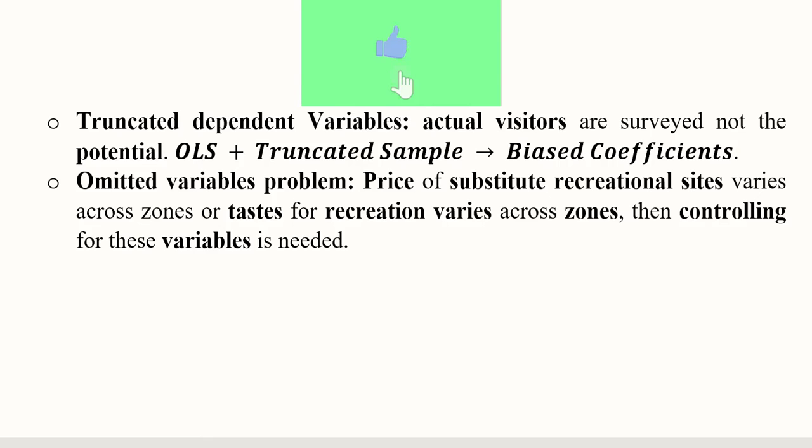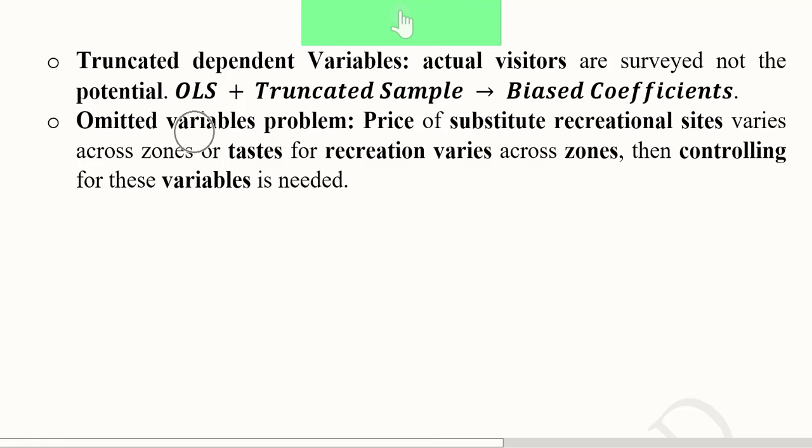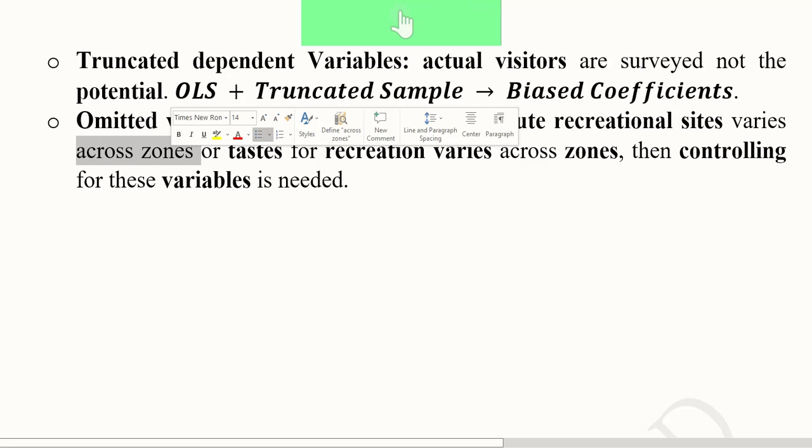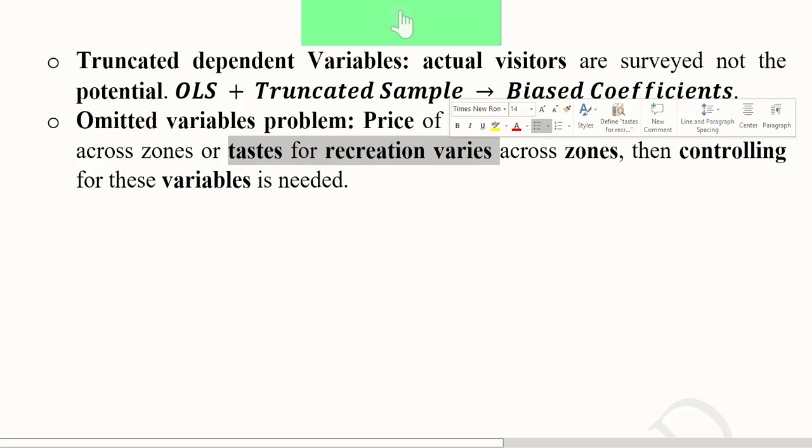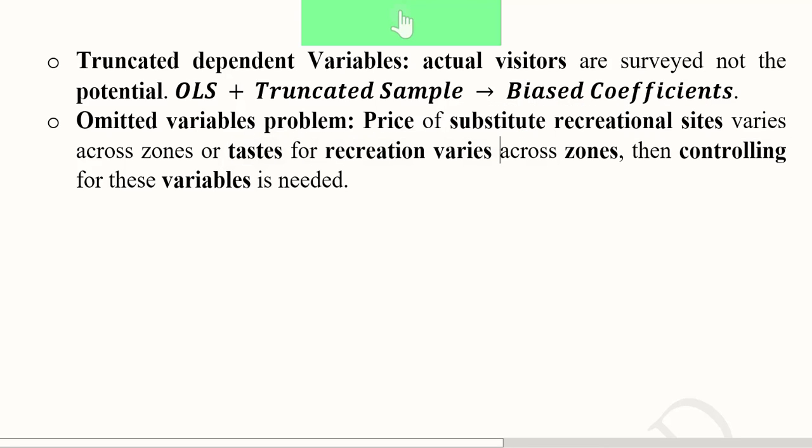And finally, omitted variable bias can arise because the price of the substitute recreational sites varies across the zones, because there are other recreational sites and their prices will be different for different zones. In addition to that, people have different tastes for recreation. They might like one or the other recreational site due to its features, and primarily due to their taste for those features.